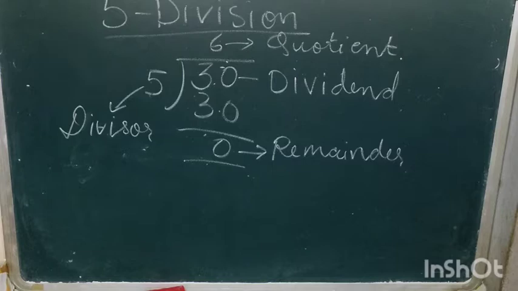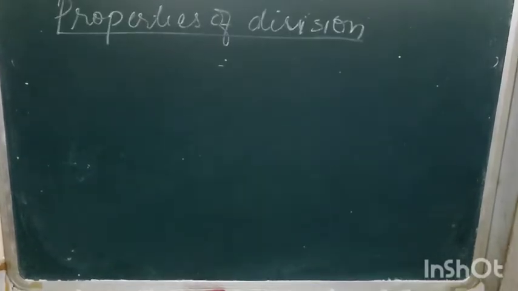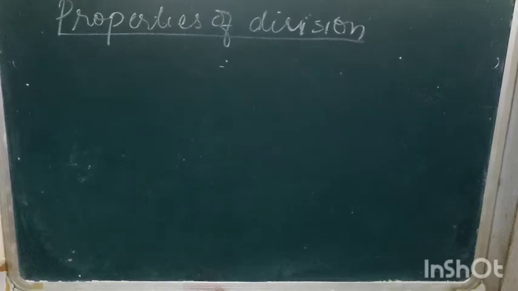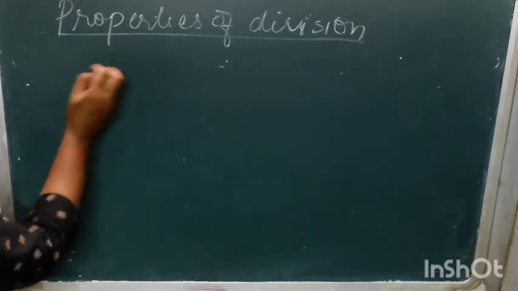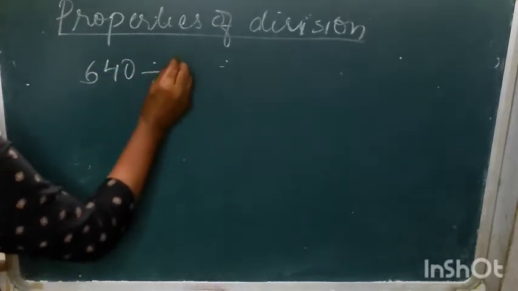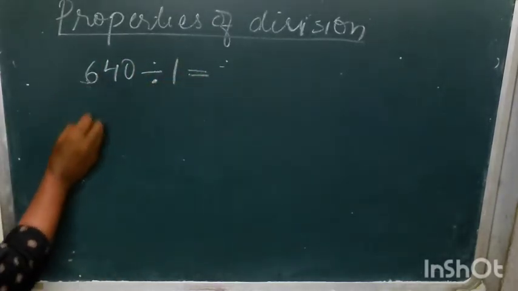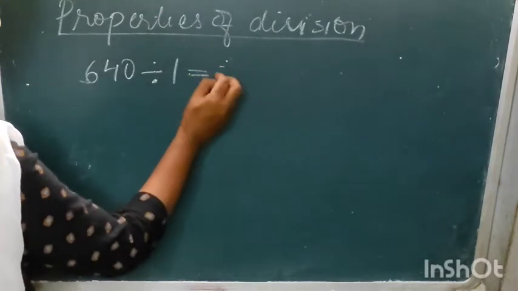Okay. Next is properties of division. So the first property is when a number is divided by 1. Suppose 640 divided by 1. When you divide 640 by 1, you get the number itself.